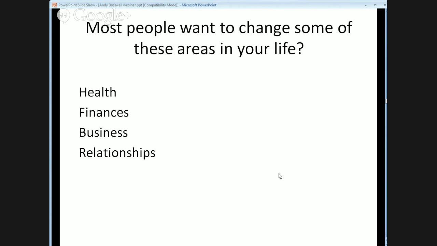What about your relationships, your friends, your family, your loved ones? And what about your possessions, your house, your car, the holidays, the things that you own? Is there anything there that you want to change? So why don't they do it then? Why don't people do it? If people want to change these areas, if people want to do something about these situations, why don't they?